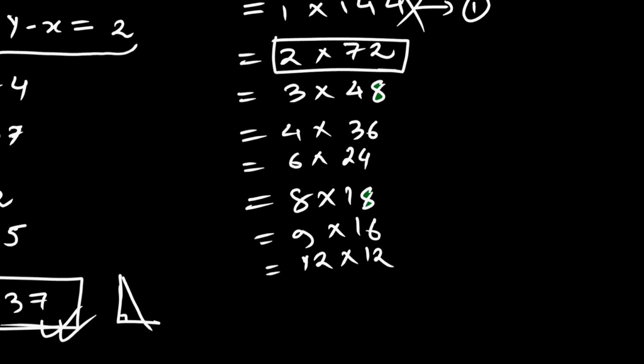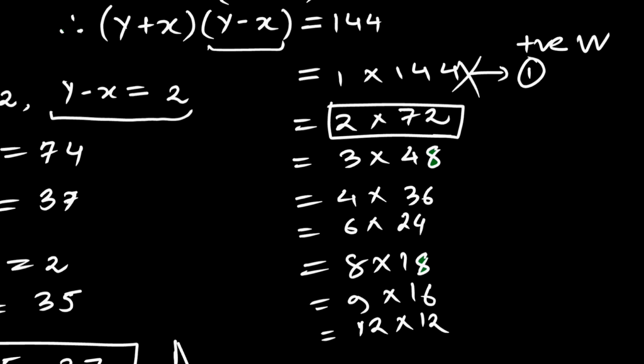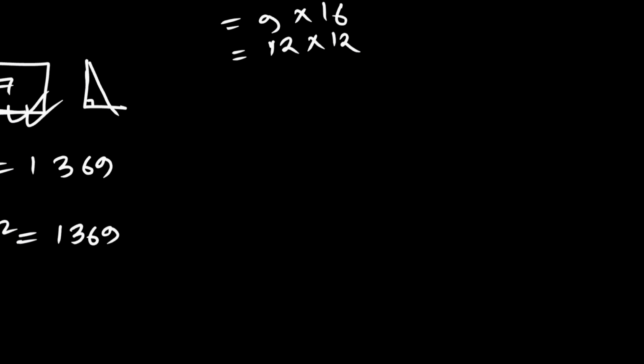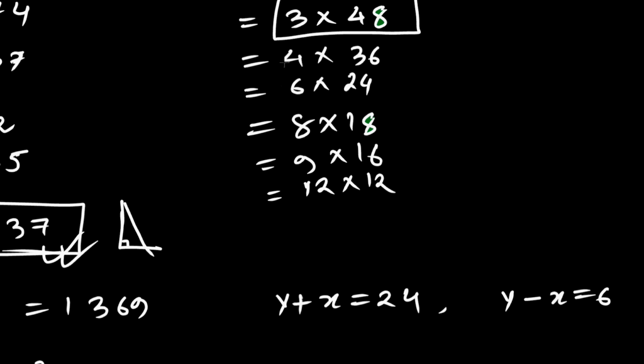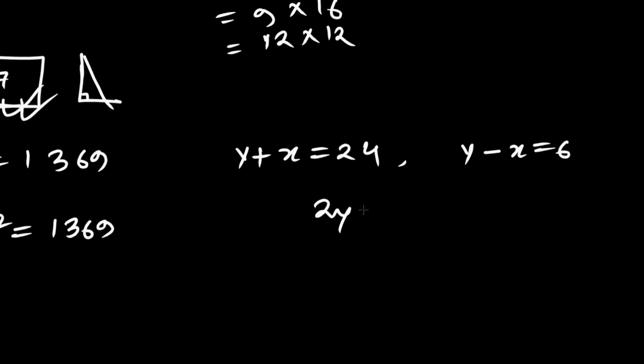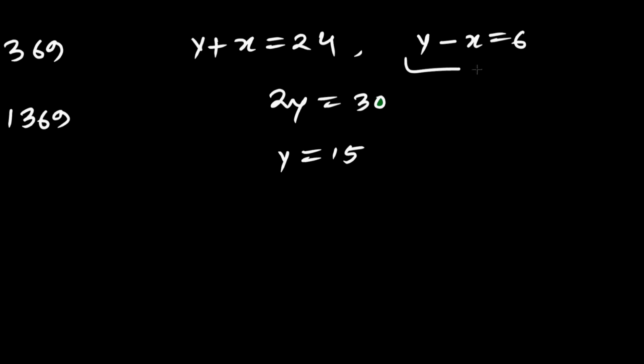Now let's continue, because we cannot stop after finding just one valid triangle. Next, let's use the factor pair 24 and 6. Let y plus x equal 24 and y minus x equal 6. Adding these equations gives 2y equals 30. Dividing by 2 gives y equals 15. Now substitute that into y minus x equals 6.